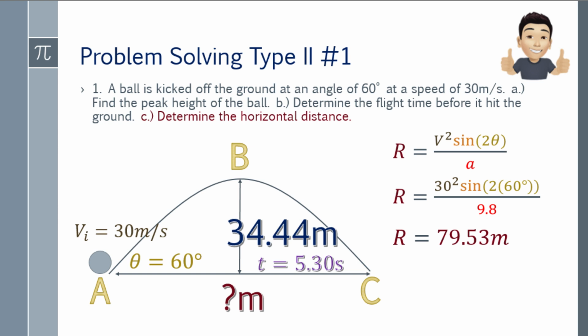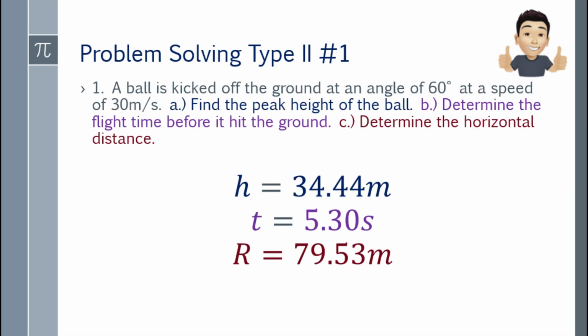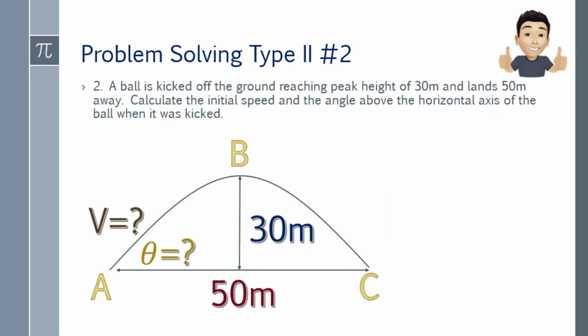The range is equal to 30 squared times sine of 2 times 60 degrees over 9.8. And the range will be 79.53 meters. It's a reasonable answer. So you have the maximum height or the peak height, that will be 34.44 meters. And for the range, that is 79.53 meters. And yung flight time before it hits the ground, that is 5.3 seconds.